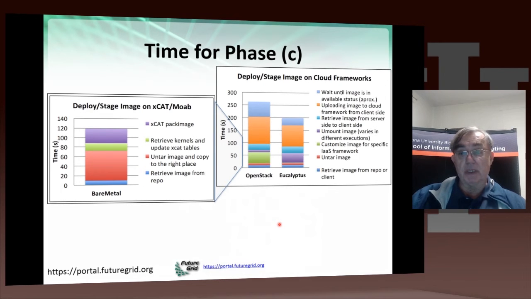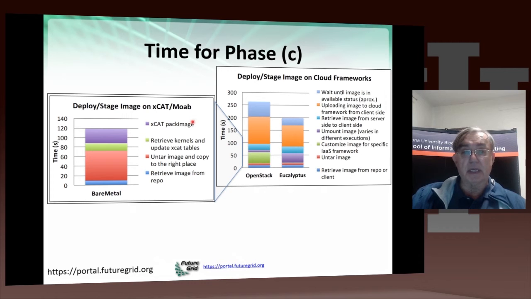Here we have phase C, which is to take the image and a particular deployment platform, which is xCAT and Moab for HPC, and Eucalyptus, OpenStack, Nimbus, etc. for clouds.